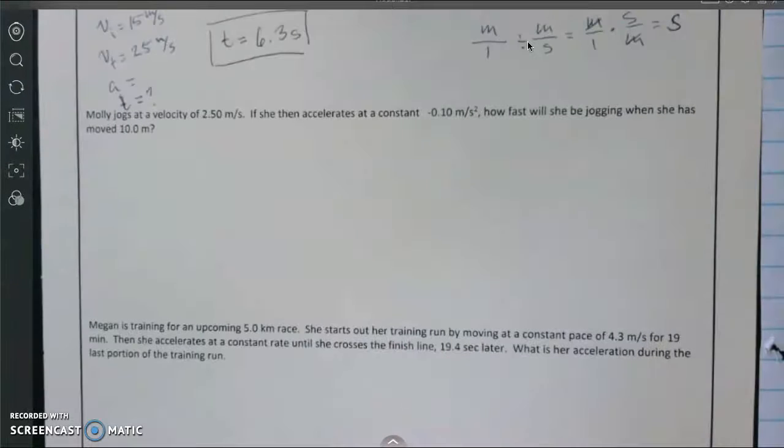So Molly jogs at a velocity of 2.5 meters per second. If she then accelerates at a constant negative 0.10 meter per second squared, how fast will she be jogging when she has moved 10 meters?